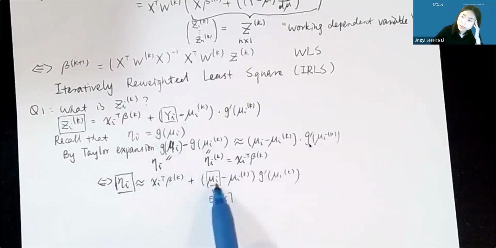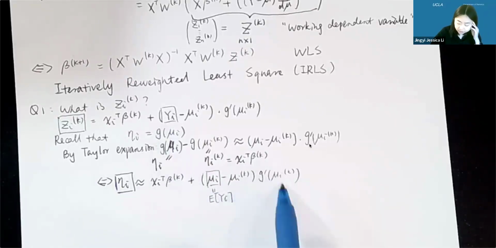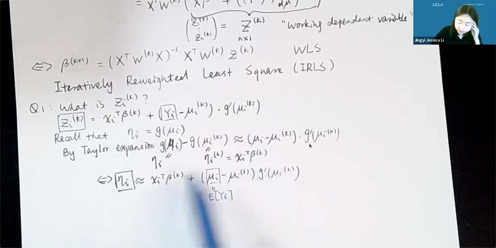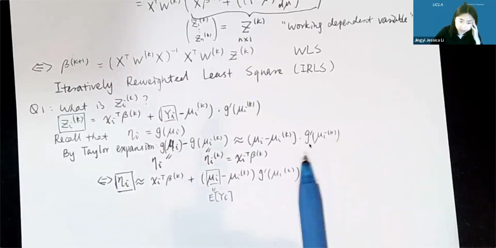Because mu i is unknown, it's the true value for the expectation of y, I don't know it. But I have the current value of beta k, I have the current value of mu ik, and I have the current value of g prime mu ik. So everything else is observed except mu i. So I actually replace mu i by the random version, the observed version yi.